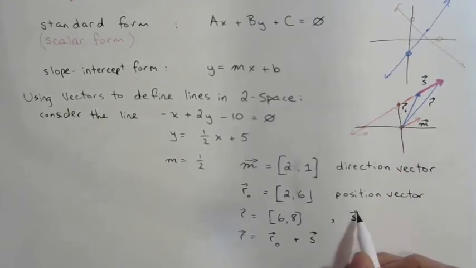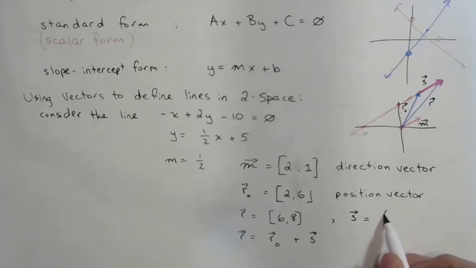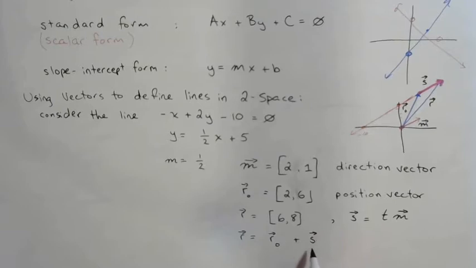We have the vector s is equal to t times m, where t is some scalar multiple of m. So what we're going to do is take this equation, and where we see that s, we're going to substitute it for t times m. So now we have the vector r is equal to r naught plus some scalar multiple of the direction vector m.